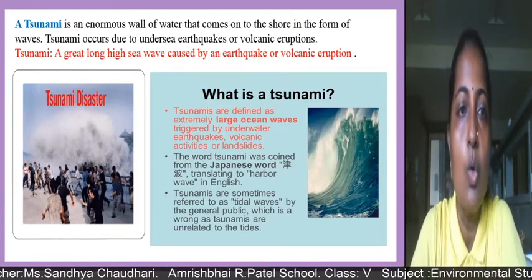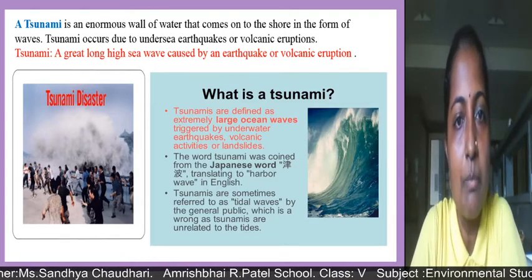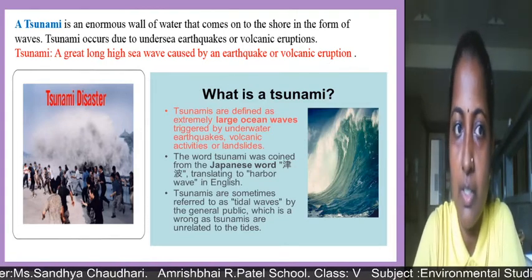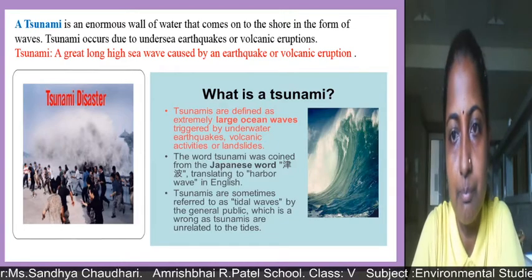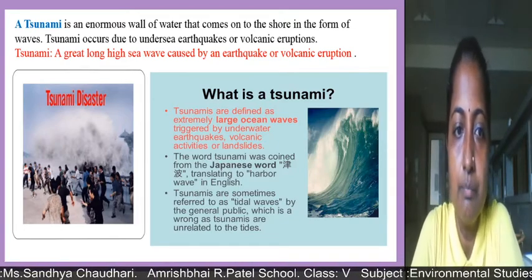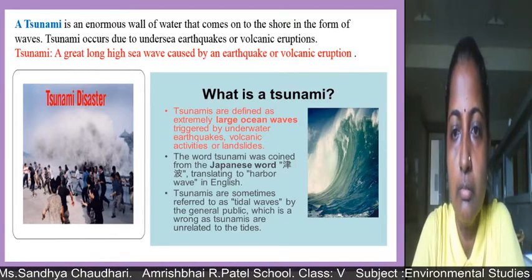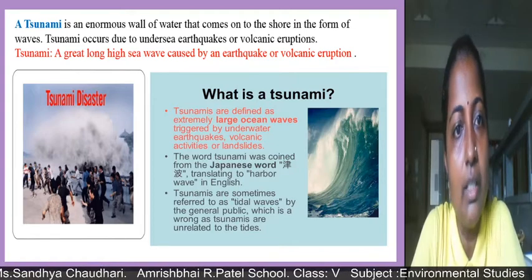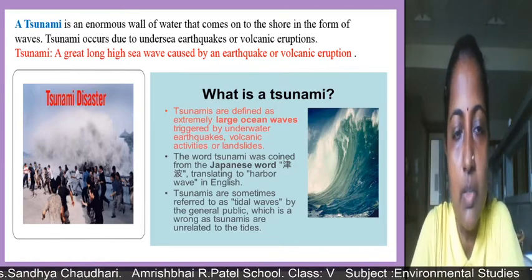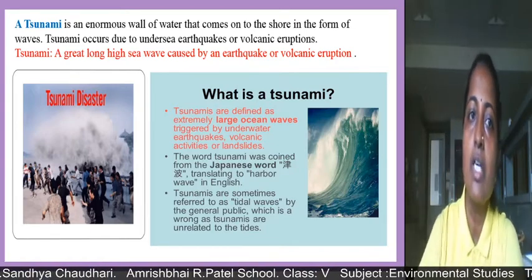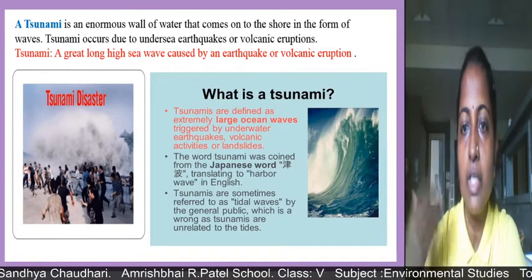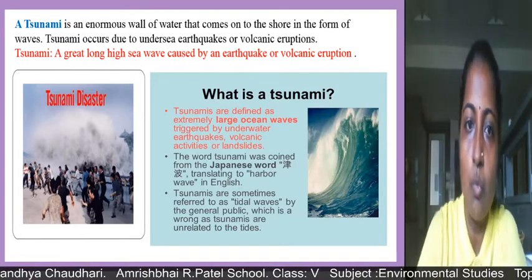A great long high sea wave caused by earthquakes or volcanic eruptions. We have seen that when an earthquake occurs on land, it is an earthquake, and if it occurs in water, it is called a tsunami. The waves are very high, great and long.